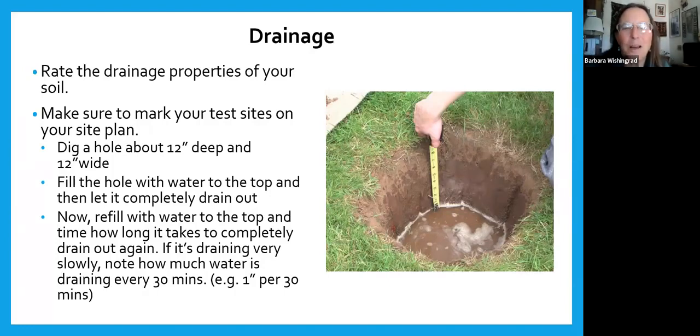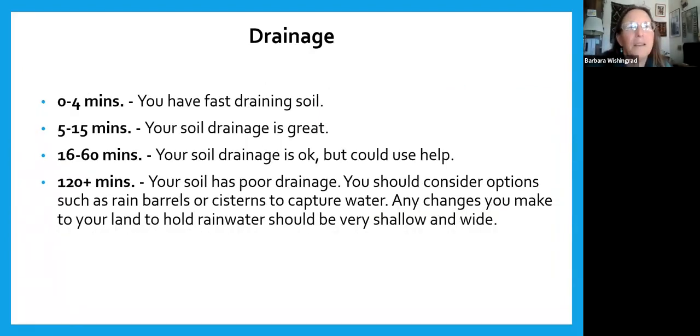It gives you a little bit more context for this. So if it takes over 120 minutes, which is 2 hours, to drain your soil, then your soil has poor drainage, and you could consider other methods of capturing rainwater than in the soil.